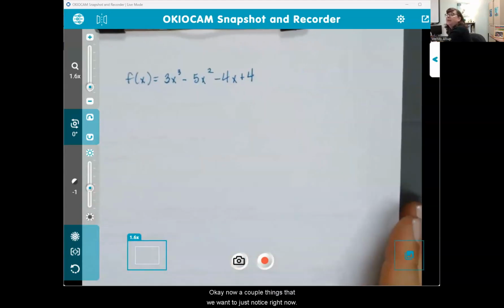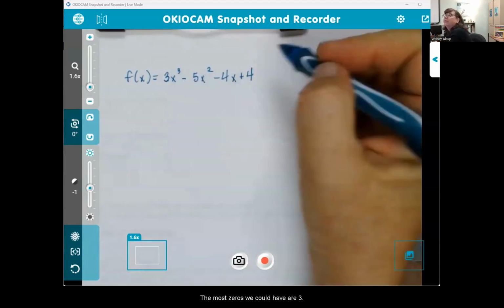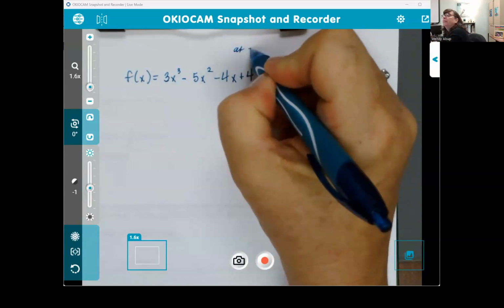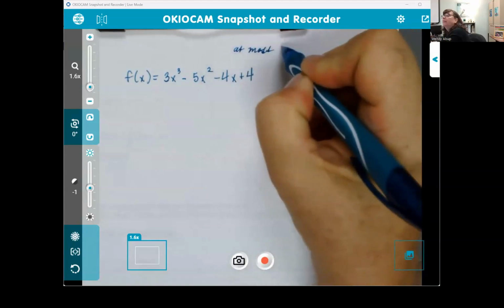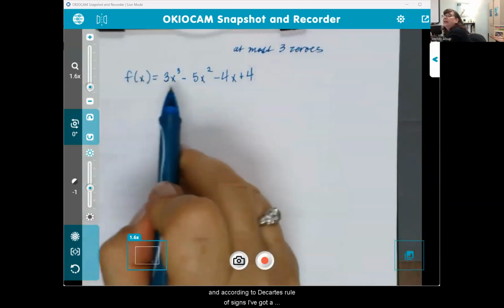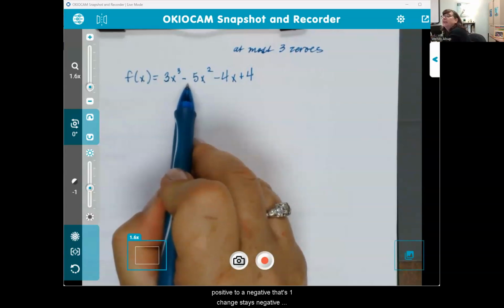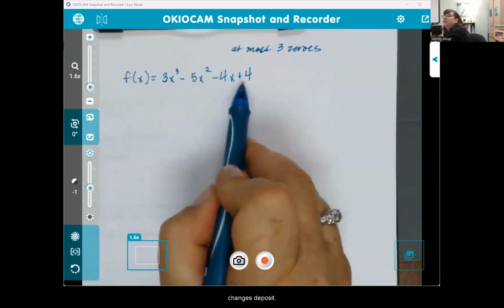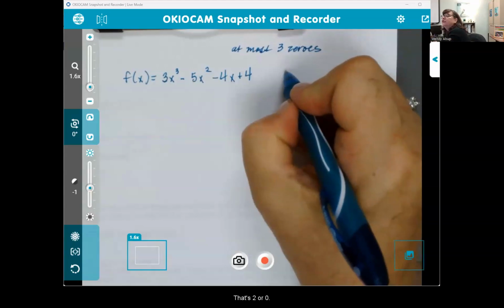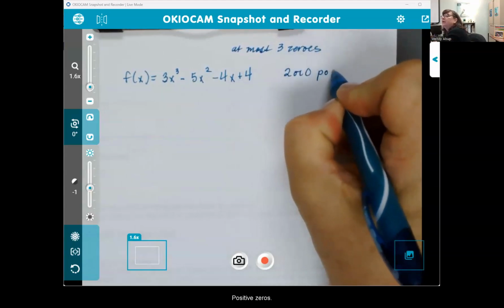Okay. Now, a couple things that we want to notice right out. The most zeros we could have are 3. According to Descartes' rule of signs, I've got a positive to a negative. That's one change. Stays negative, changes to positive. That's 2 or 0 positive zeros.